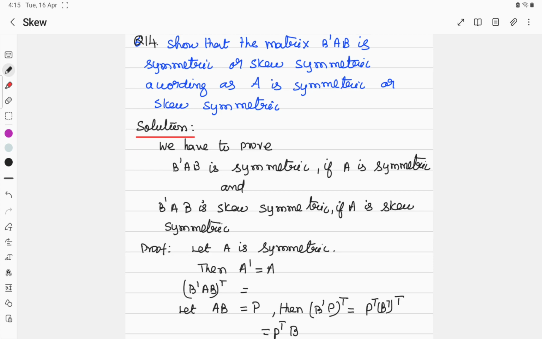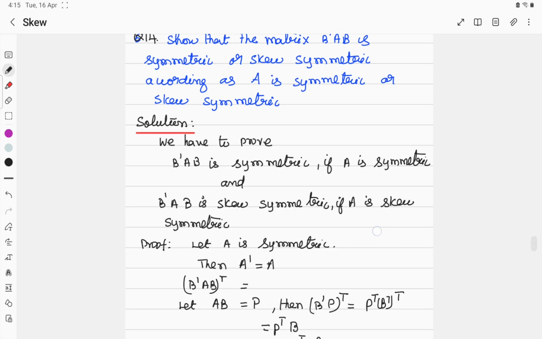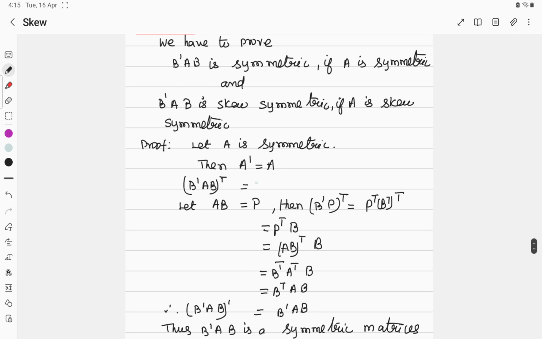For symmetric, we know that A dash is equal to A. Consider AB as a single matrix P. Therefore, the transpose of B dash AB is the transpose of B dash P.